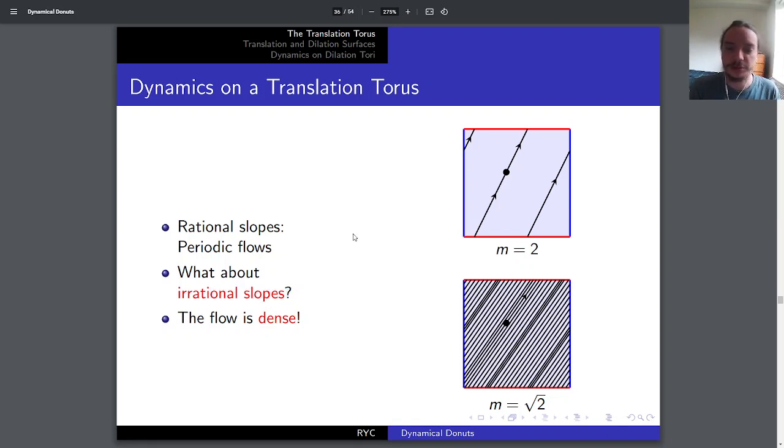Okay, so we have shown the flow for rational slopes, and we've shown the flow for irrational slopes. So now we fully understand the dynamics on a torus, which is great.